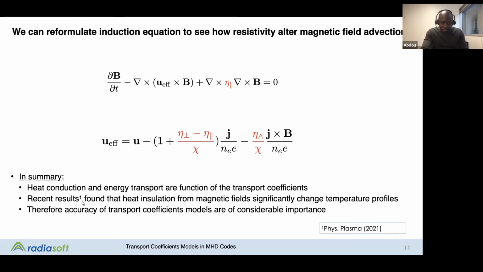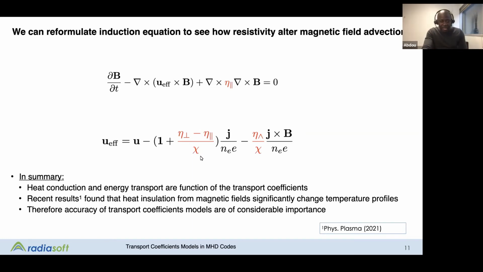So again, I hope I convinced you so far that these terms are important for MHD simulations. The thing I haven't mentioned yet is that the different coefficients are functions of your material properties, so of your ionization, but also of how particles collide, the collisions.